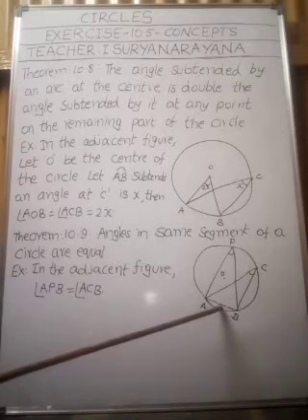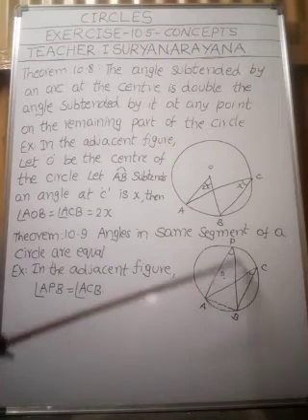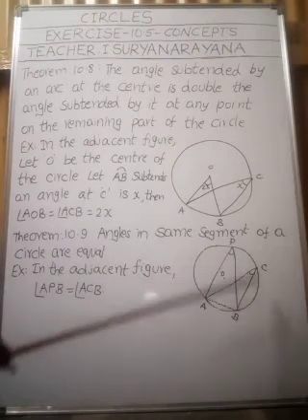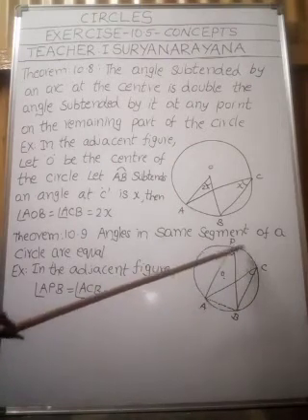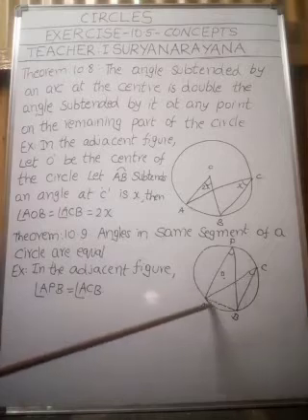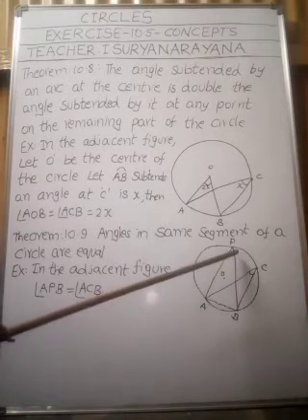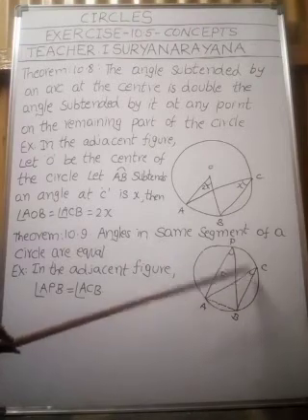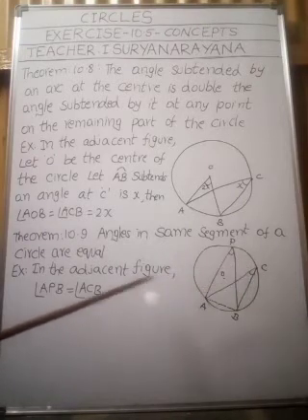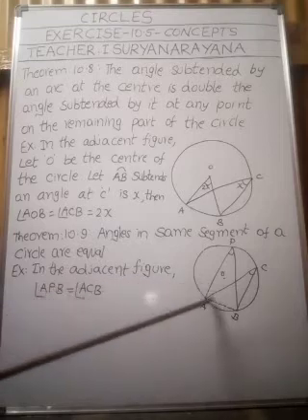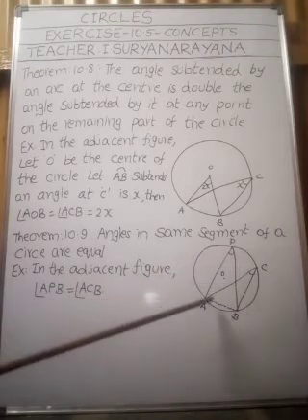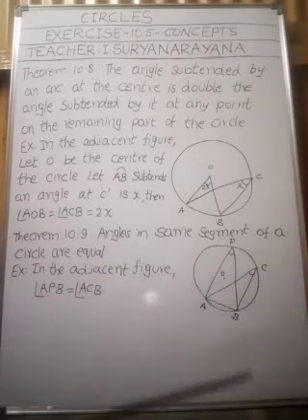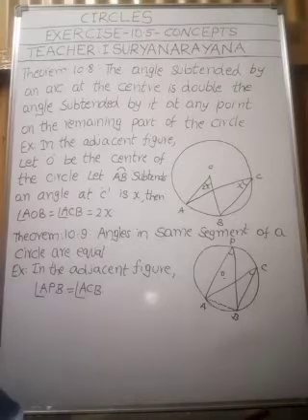The downside is a minor segment, and the upside is a major segment. In this major segment, if you take any point, the arc makes an angle at these 2 points, and these two angles are equal. That is, angle APB is equal to angle ACB. Understood this point, my dear children? Right.